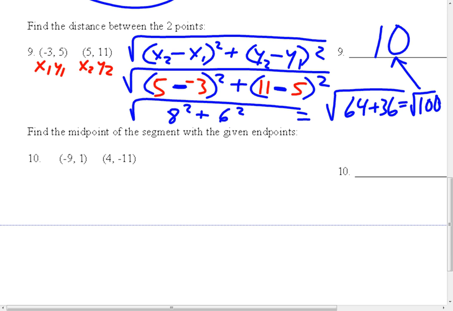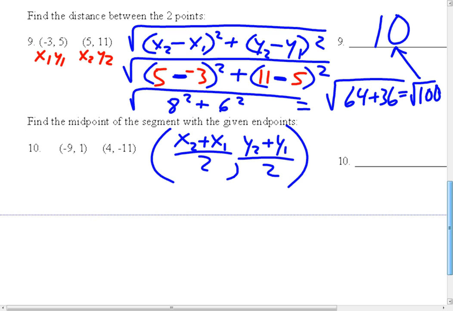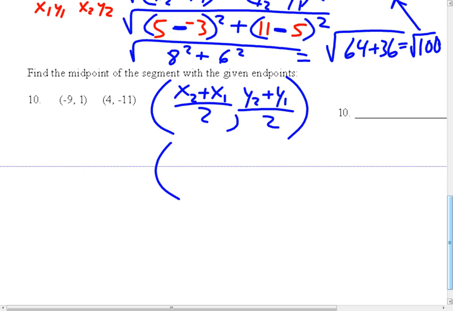Find the midpoint of the segment with the given endpoints. Once again, show me a formula. I have 4 plus negative 9 over 2.